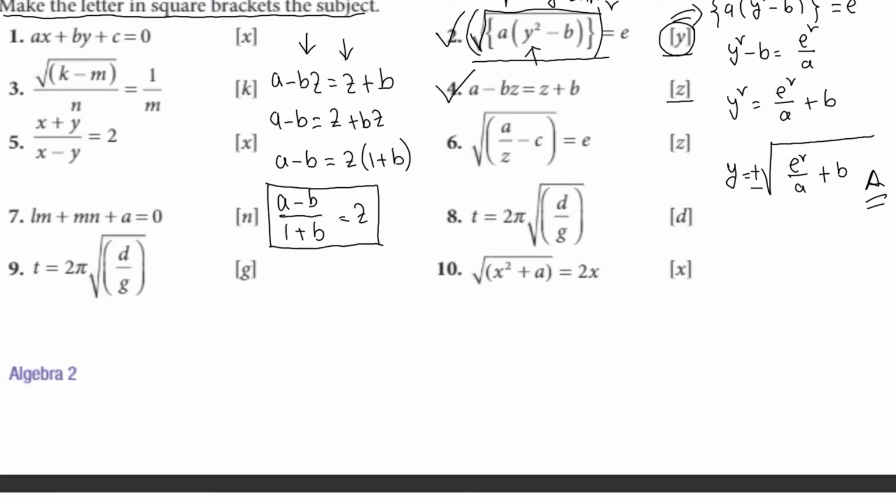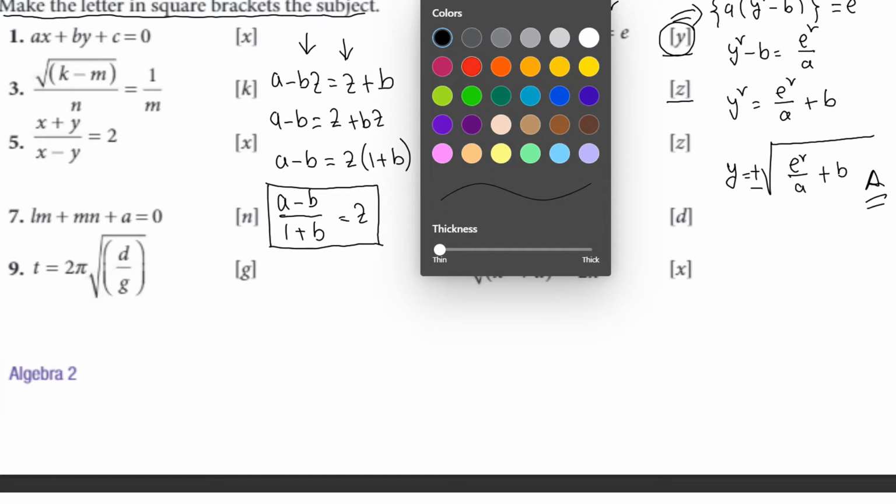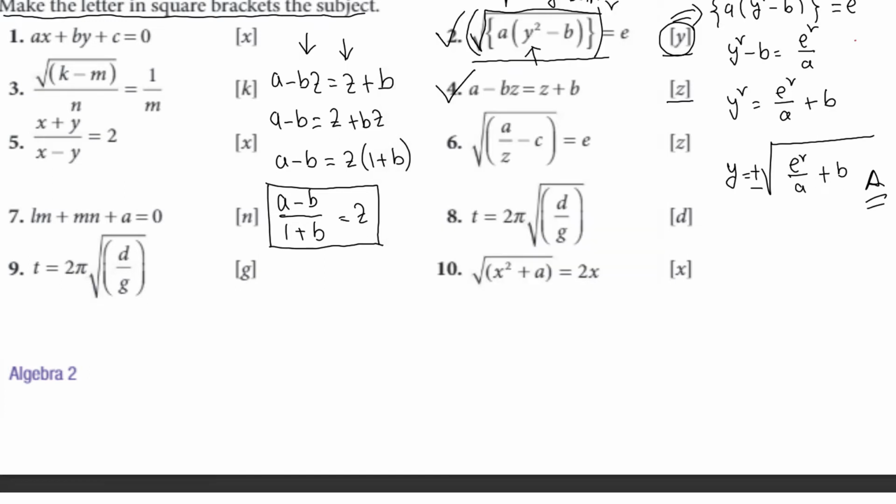Say question number 8, I'm going to show right now. Let me use another color, red color, for question number 8. We are going to make d the subject from here. So the d is inside the square root. So we need to square on both sides, so it gives us t square. If we square both sides, on the right side it is 2 pi, so it becomes 4 pi square, and the root cancels out with the square, so d by z is remaining on that part.